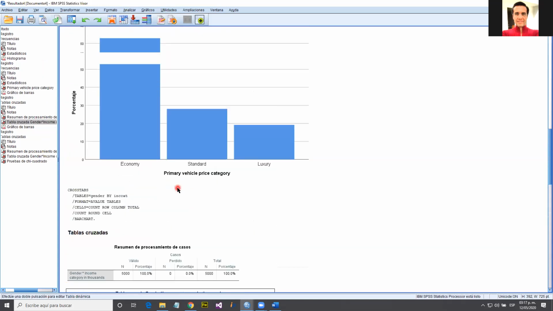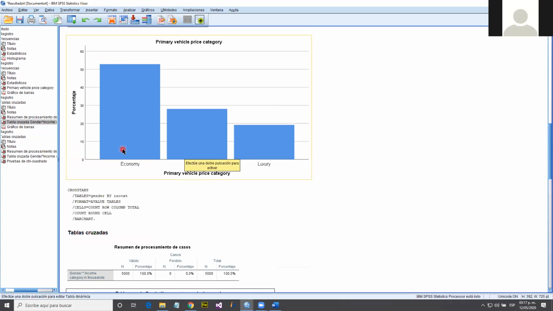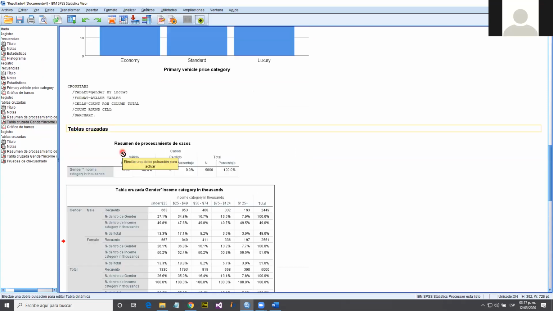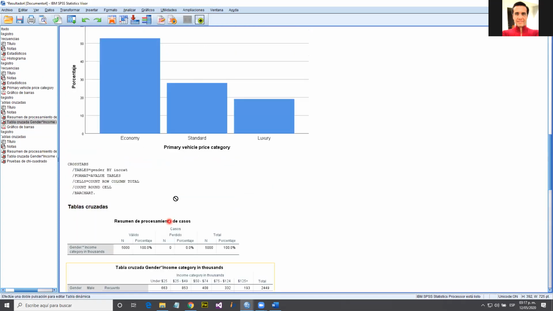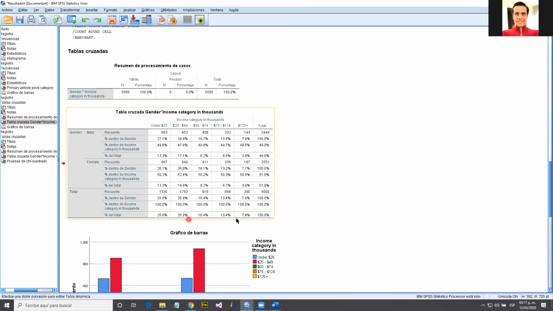So that can explain why they are driving an economy car. Okay, I see. Now you have it right here. But there are some standard ones, yes, and it is right here. The luxury ones obviously are the least ones. Okay, so that is very important.